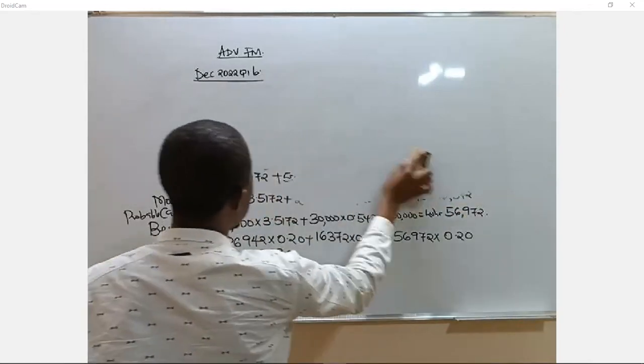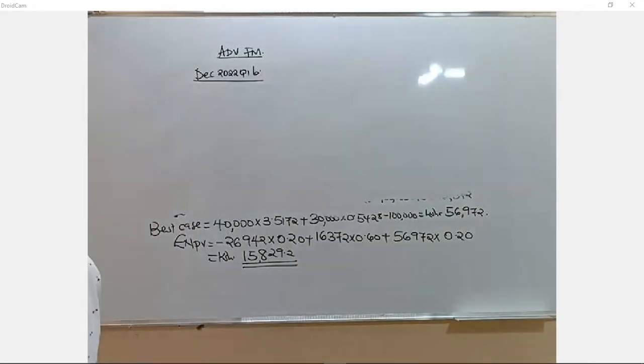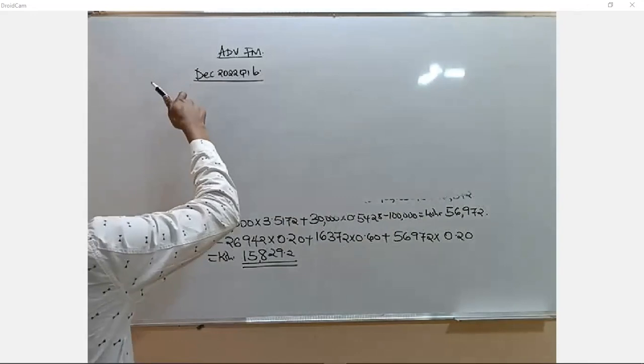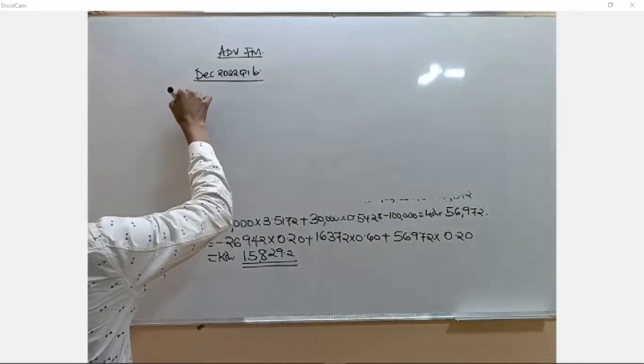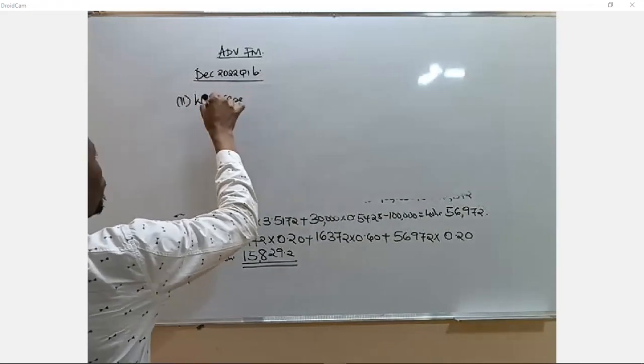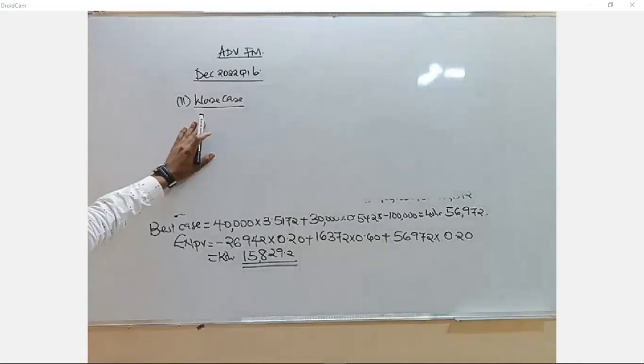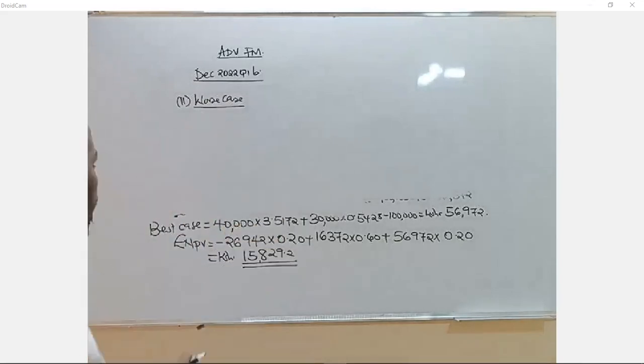Let us look at it here. Wacha tuangalie hapa. Examiner atuliza, let us first calculate the salvage values. Part 2. We are looking at the worst case here. So in this case, the worst case means you take your cash flows, which is 100%.